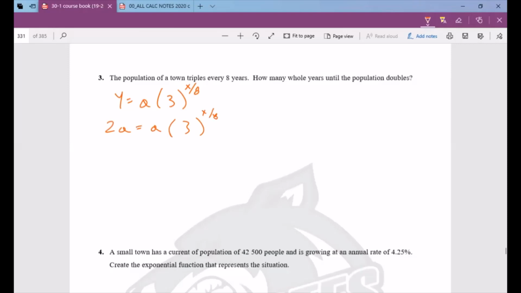Notice that whether we started with a population of 100 or of 1,000 or of 1,000,000 and then growing to 2 million, regardless, in our next step, when we divide both sides by that initial amount, we end up with 2 on the left side. It's equal to 3 to the x over 8.